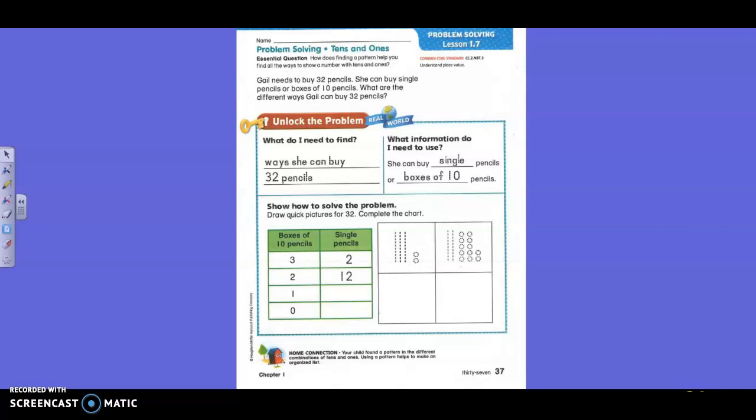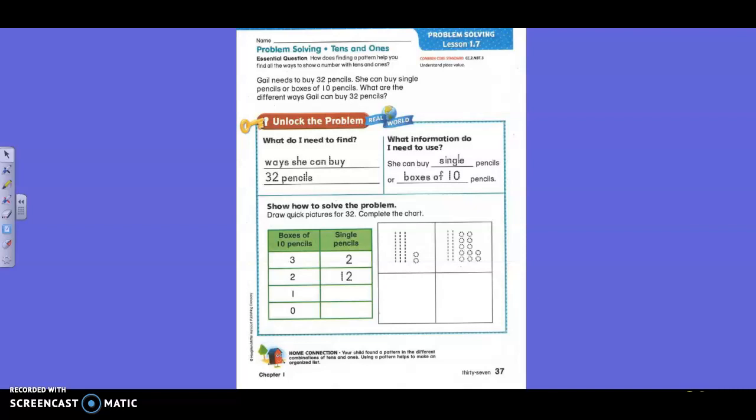What are the different ways Gail can buy 32 pencils? Okay, in our box here, it says, what do I need to find?